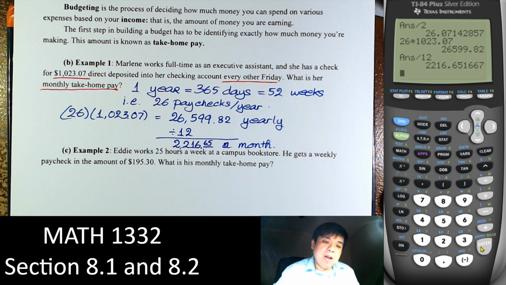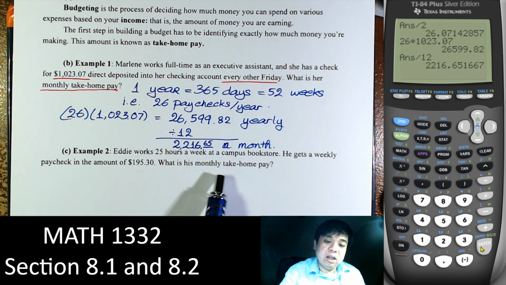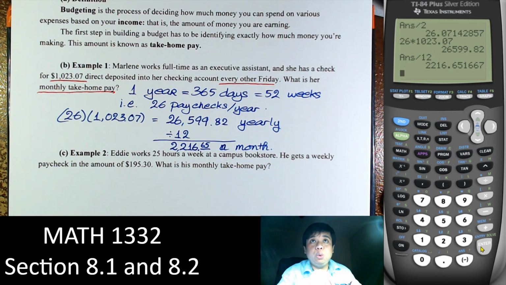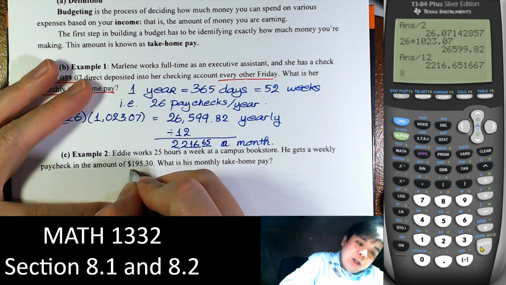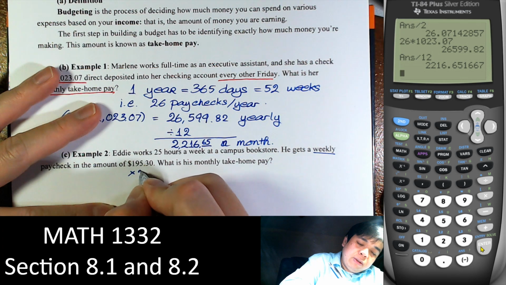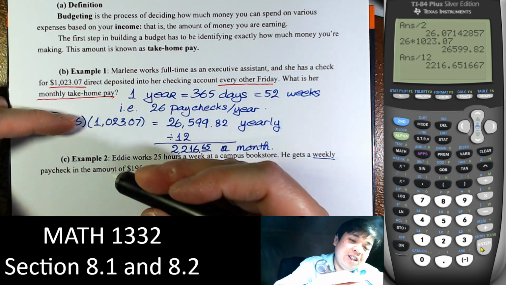Right, next, Eddie worked 25 hours a week at a campus bookstore. He gets a weekly paycheck of that amount. What is the monthly take-home pay? So again, this is weekly, and we found earlier that there are 52 weeks in a year. So this is the weekly paycheck, $195.3, times 52 weeks in a year.